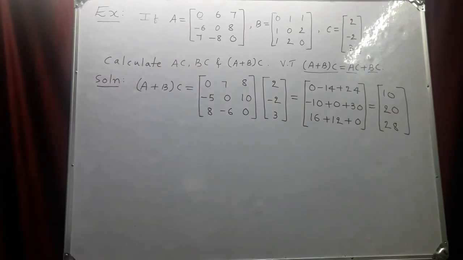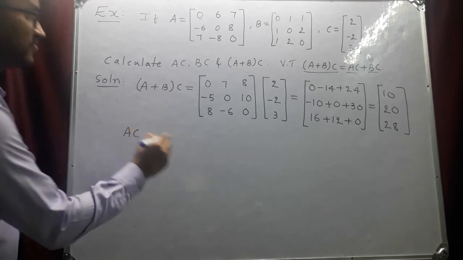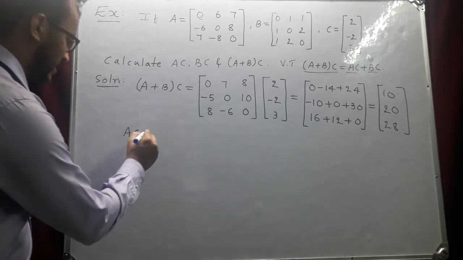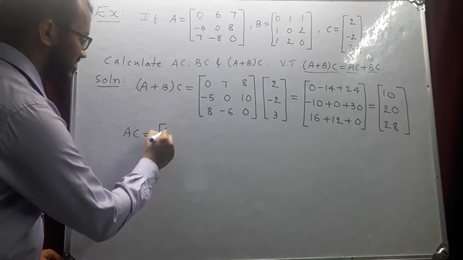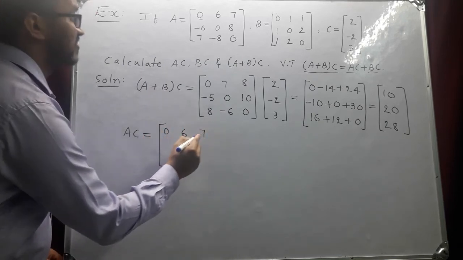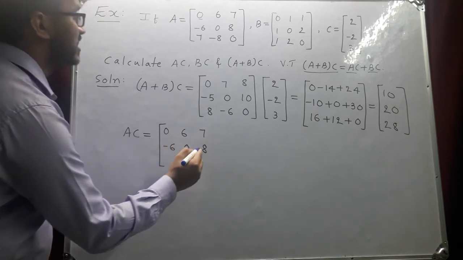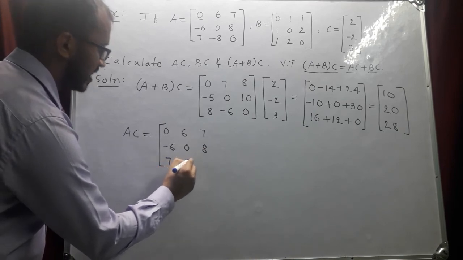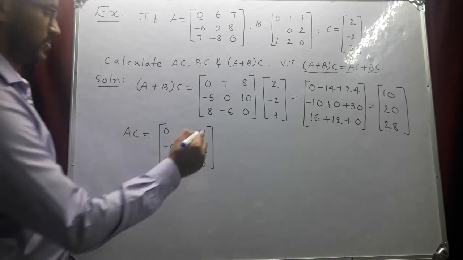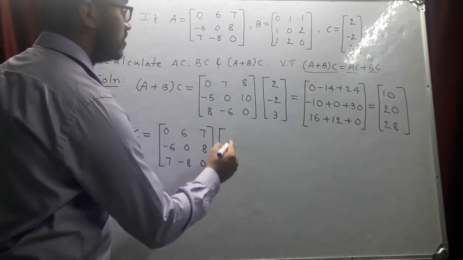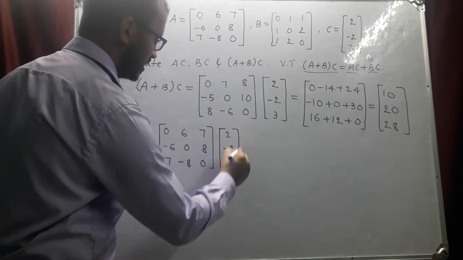First we have to find the value of AC and BC. Consider AC. AC is equal to matrix A, that is 0, 6, 7, minus 6, 0, 8, 7, minus 8, 0 into C, that is 2, minus 2, 3.